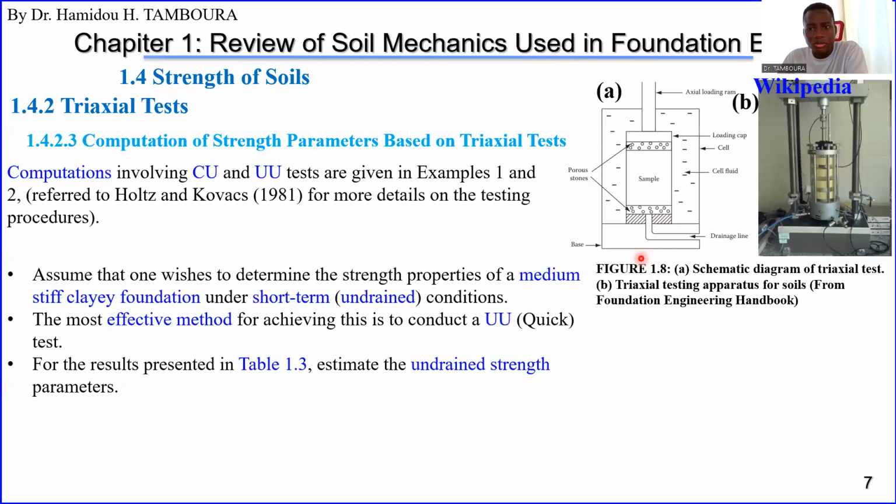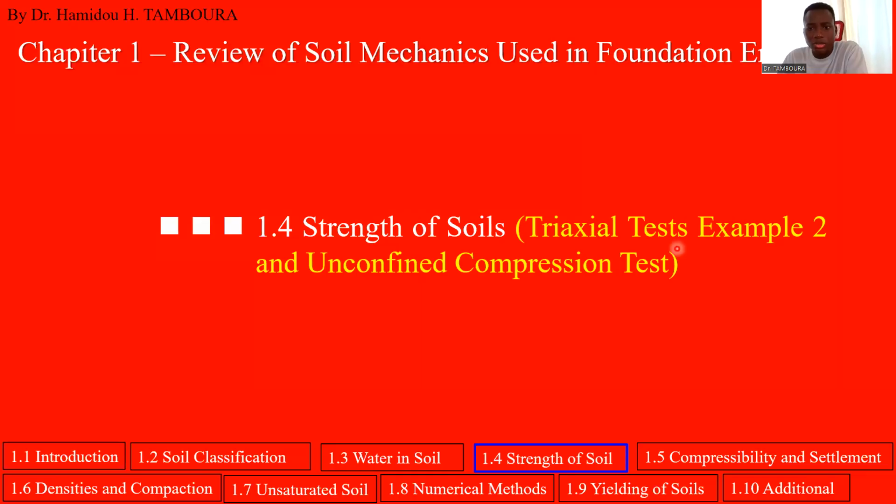Last time we did one example about triaxial test, how to obtain the soil strength parameters from triaxial test. This time we'll do another example, but this example in this video is for UU triaxial test.